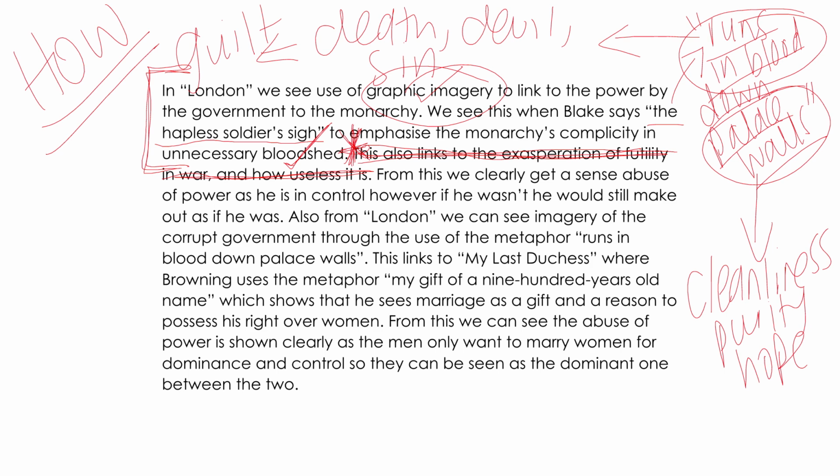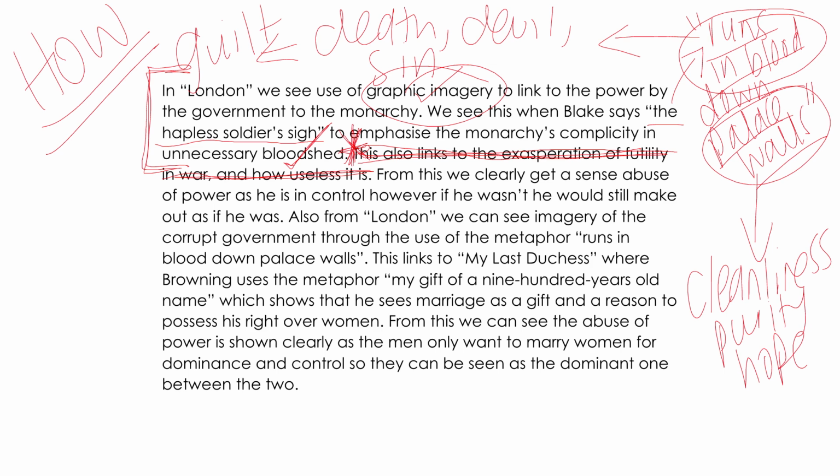Not exactly, because we have a duke, and there's no real talk of war. However, what we know or surmise about the duke is that he's potentially killed his last duchess because she didn't do what he wanted her to. So we could potentially talk about the fact that he has blood on his hands, and that's showing this kind of corruption. Remember, we're trying to link to the abuse of power.